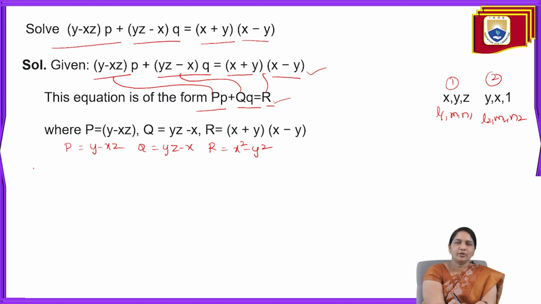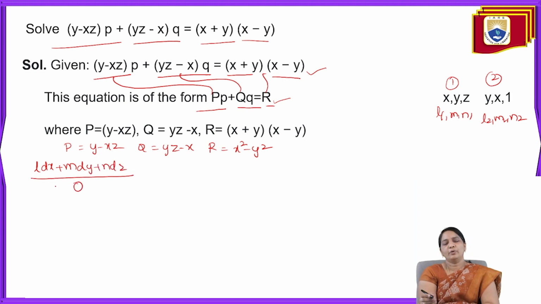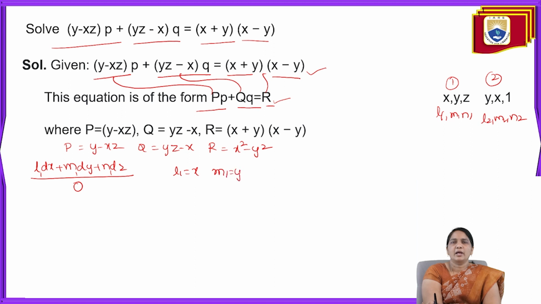According to the condition, l dx plus m dy plus n dz divided by the denominator, when I multiply with the multipliers, the denominator should be 0. So first I am choosing l1 equal to x, m1 equal to y and n1 equal to z.